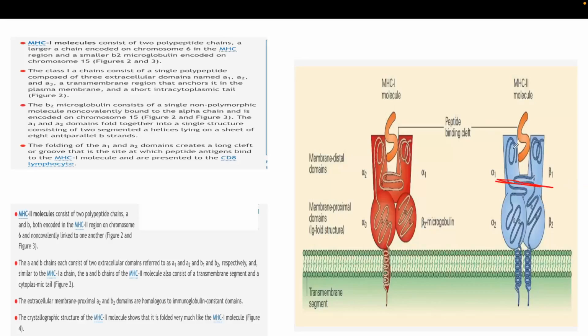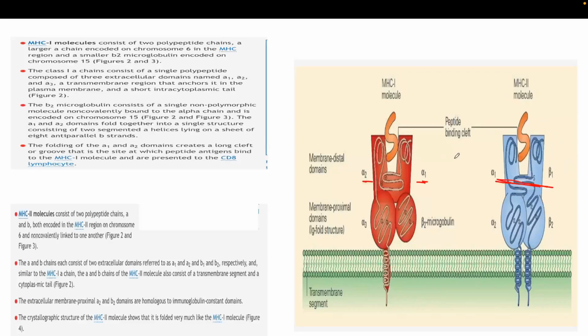Okay, and there are two polypeptide chains, one formed with the help of alpha 1 and alpha 2, another one is beta 1 and beta 2. But in case of the MHC1 molecule, the peptide binding cleft is alpha 2 and alpha 1, or I can say alpha 1 and alpha 2. Okay, so alpha 1 is common in both cases, but in case of MHC2 it is beta 1, and in case of MHC1 it is alpha 2.